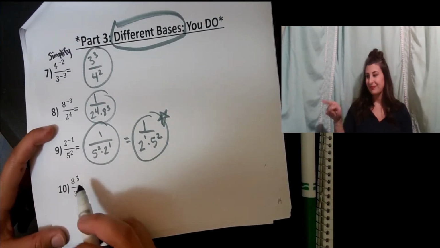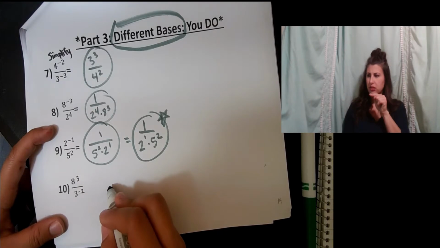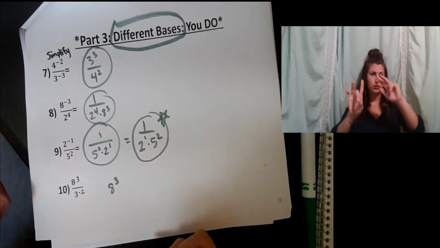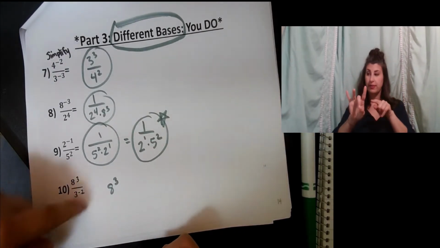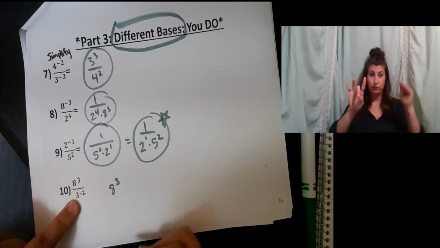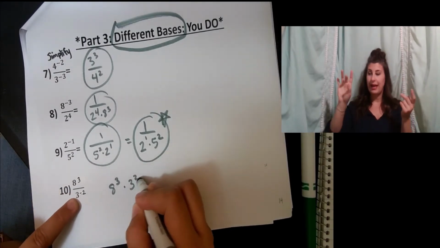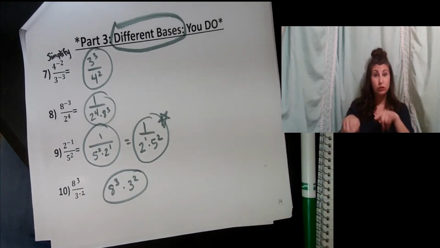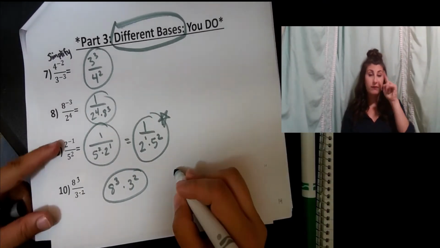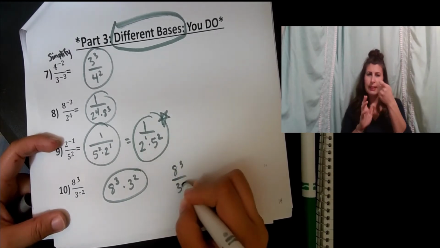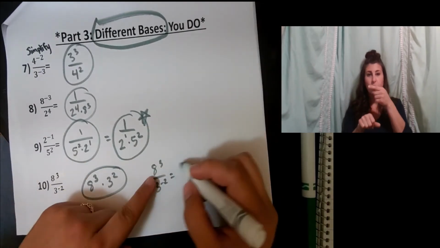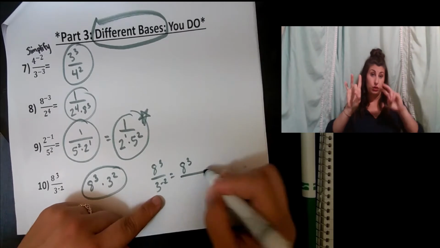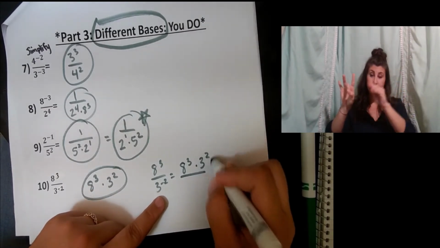All right, here, it looks like 8 to the 3rd stays on top. And then this one is going to go to the top because I need to flip it. So it'll be times 3 squared. So here's my answer right here. If you needed me to show a little more work for understanding, this is 8 to the 3rd, and then this goes on top over 1.